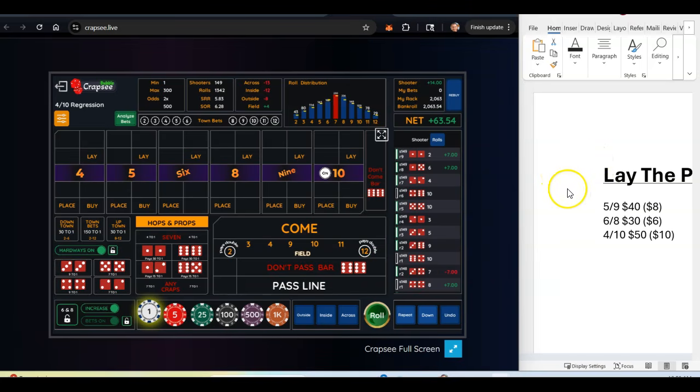One, that the 7 is always favored over all the numbers. And two, that there are probabilities in our favor that go along with the 7 being in our favor, but also the probabilities that are in line with a repeater not happening. Okay, I'm going to leave it at that.